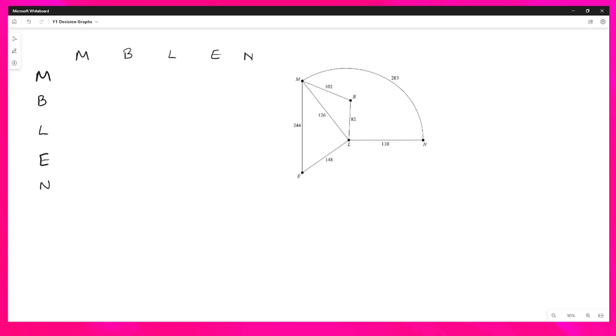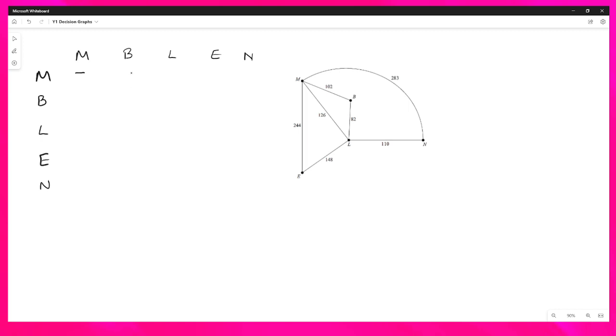So M to M, there are no arcs that connect M to M. So there is no distance. So we put a dash instead of a 0. If we put a 0, that implies that there is an arc, but the weight of that arc is 0. So you've got to be careful with a distance matrix.